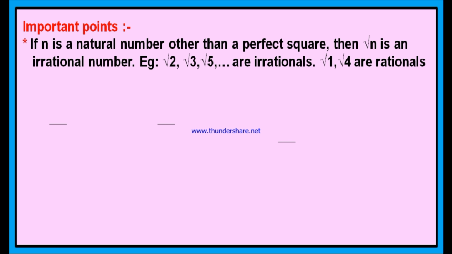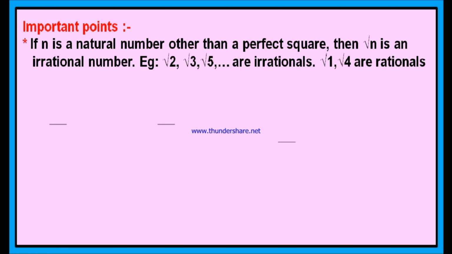Then what about root 90? Root 90 is an irrational number because 90 is not a perfect square number. What about square root of 100? Good, square root of 100 is 10, a rational number. 100 is a perfect square number, therefore root 100 is a rational number.